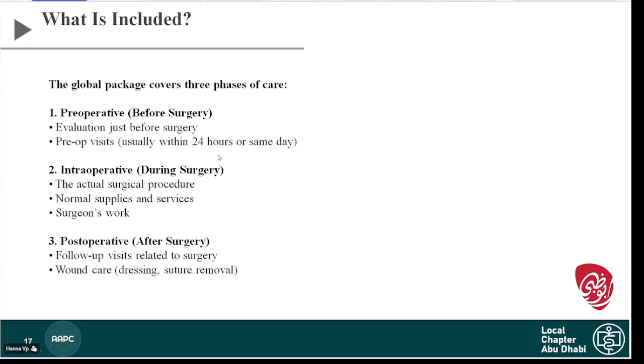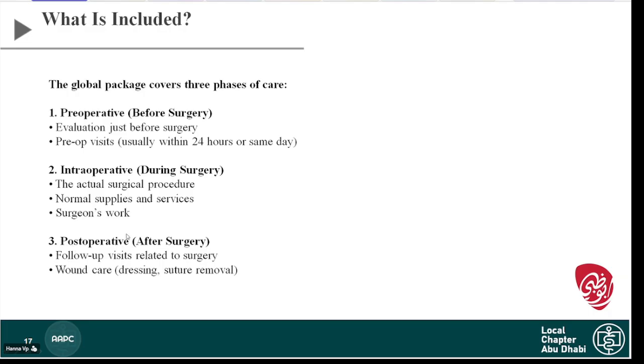After that, intraoperative. Intraoperative means they will start the surgery. During the surgery, what are the services they have to give? The surgeon's work, the actual surgical procedure, normal supplies and services. These all items are included in intraoperative. Then the next one, post-operative, which means after surgery.